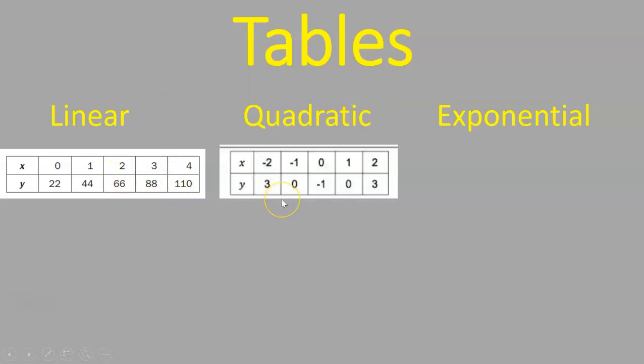Quadratic is a pattern where you still kind of think add or subtract, but you're not adding or subtracting the same thing over and over. Here you're subtracting 3 and then subtracting 1 and then adding 1 and then adding 3. There's definitely a pattern to it, and the gaps, what we call the second differences, are the same if you were to write those out, but it's not adding the same thing over and over.